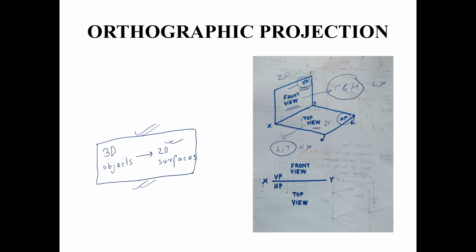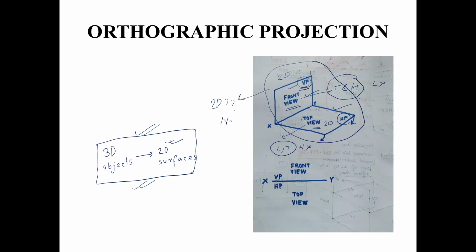The horizontal plane is also a two-dimensional entity. But if I allow the vertical plane and horizontal plane to remain like this, then this combination, is it a two-dimensional entity?